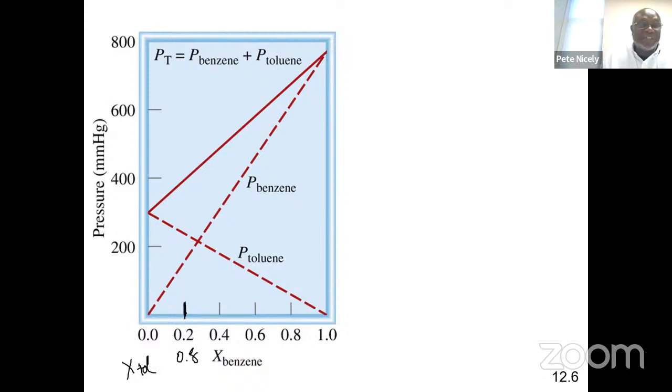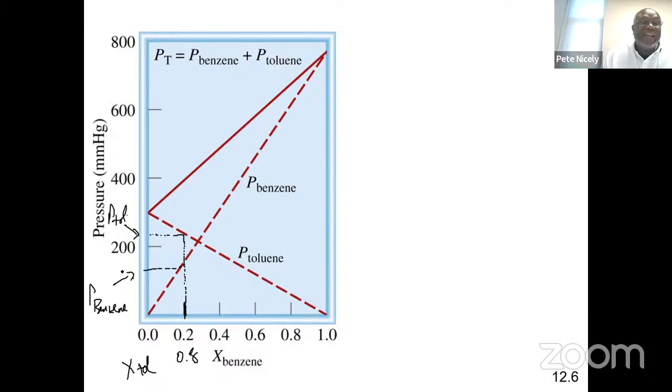So if I were to draw a line here, and then draw a horizontal line here, that would represent the vapor pressure of benzene. And then if I were to continue that line here to intersect with that line and then draw a horizontal here, that would be the vapor pressure of toluene.